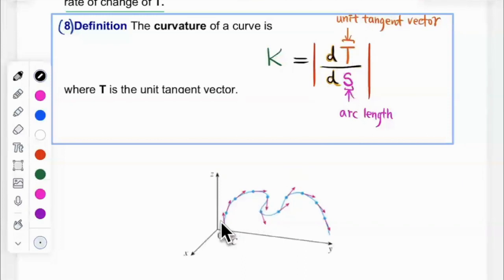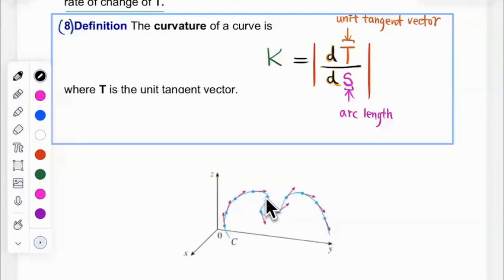So you see the direction here changes from this direction to this direction, and then to this direction, etc. Right? And you see that over here, the curve is kind of straight. Okay, so the direction here doesn't change quickly. However, you see the curve over here, it bends right here, and the direction of the unit tangent here changes more rapidly.